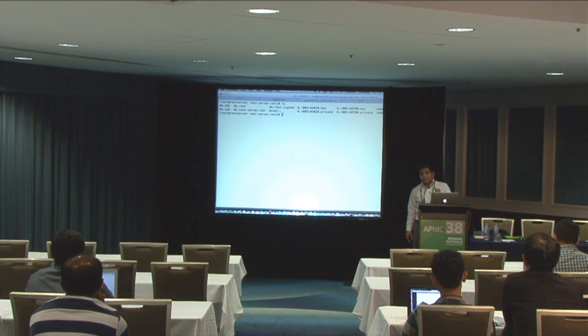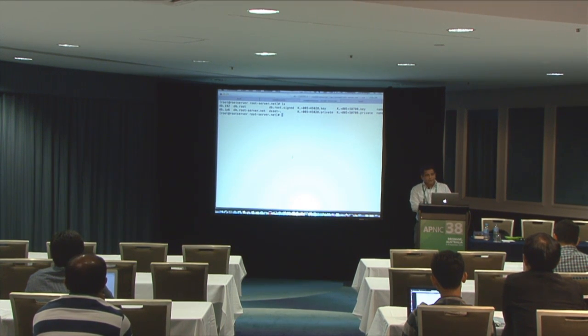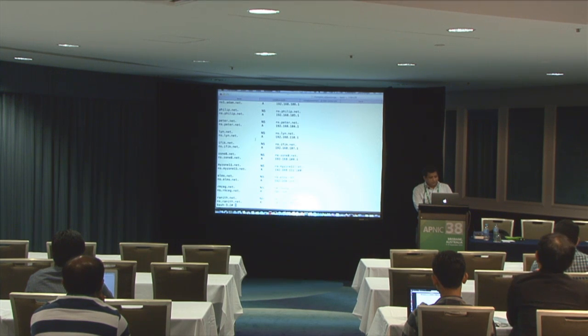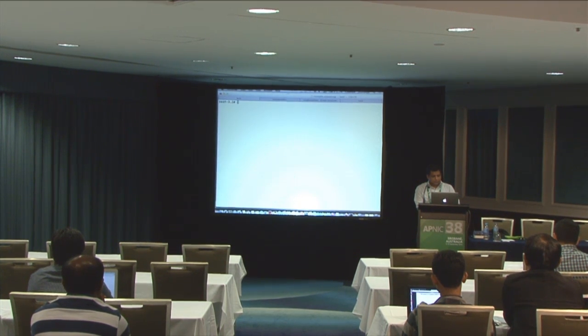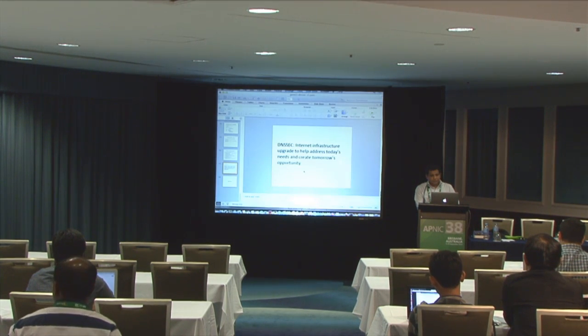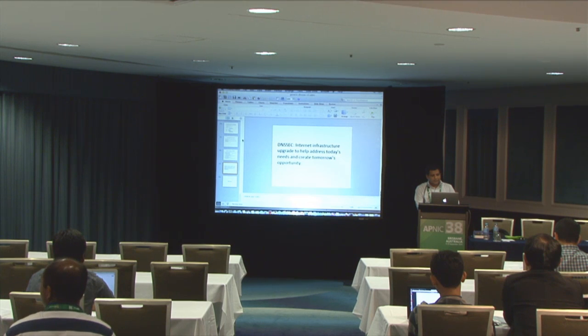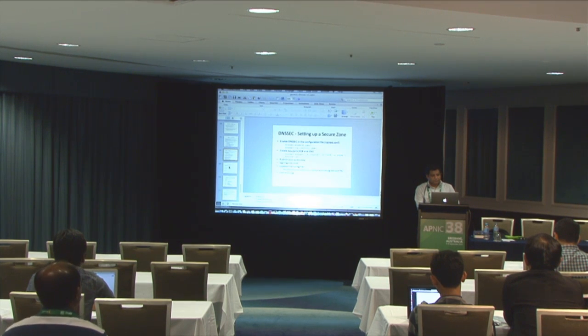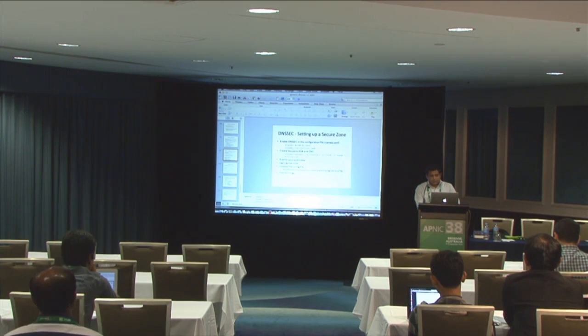the first step, if you remember, I'll go back to my slide. The first step was to generate the keys, right? The first step is really enabling DNSSEC and the validation.